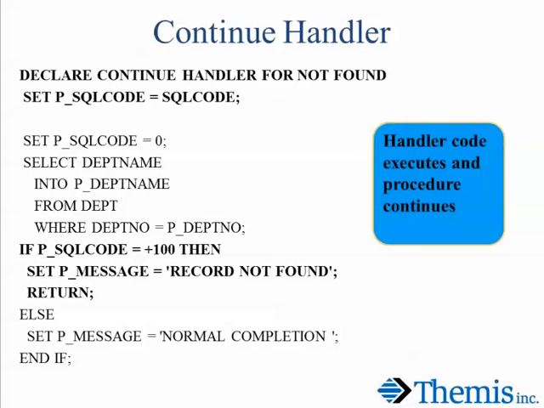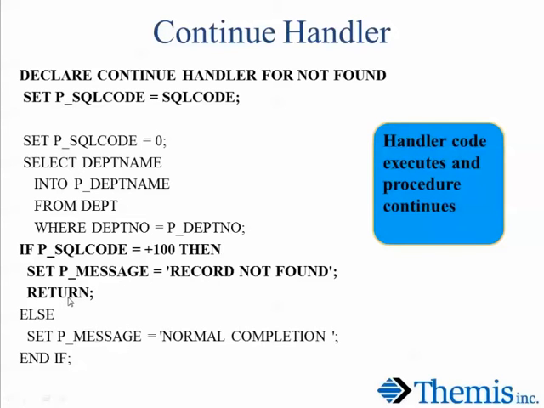Continue handlers. This says if the condition arises, such as +100 not found, then we're going to fire the handler, and all this does is save off the SQL code into a parameter area. Then after the SQL statement that fired it, when we test, we can put a specific message out to the user, such as record not found.